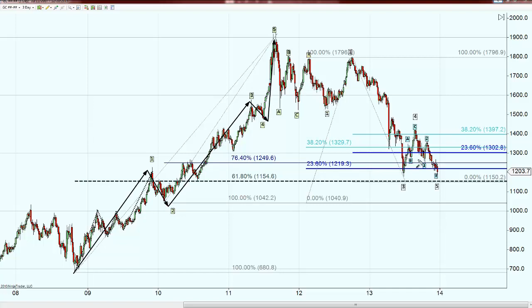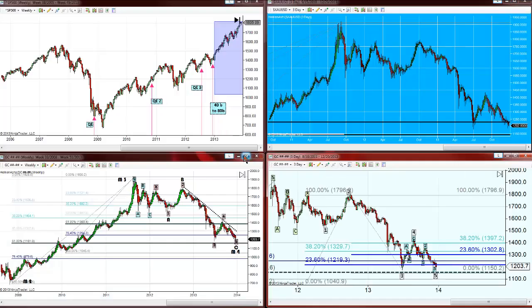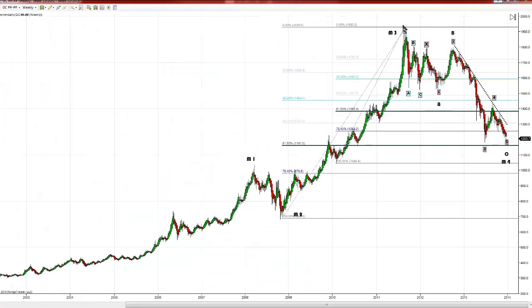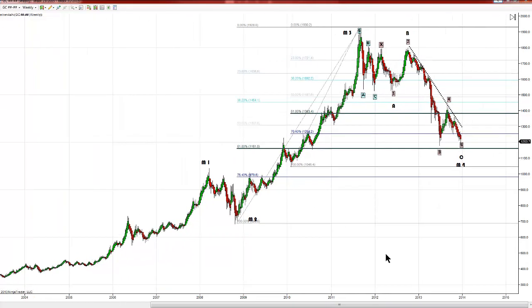There's another way that we can look at this market also and move a little bit above, and to do that, we really want to look at our major count. On our major count, I have put us in a major third here. This is the termination of our major first, second, third. With this in mind, we would be looking at the potential of seeing this particular sell-off a little bit differently.